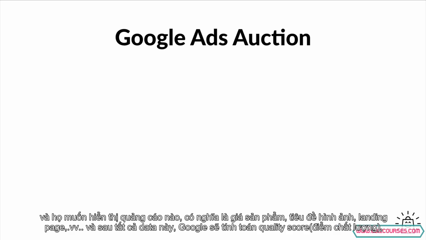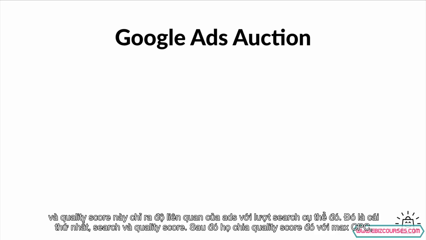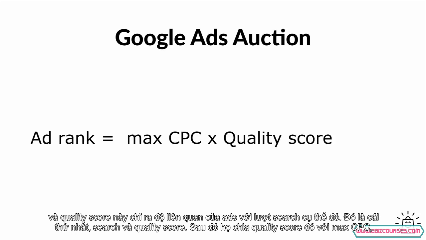That means which price the product has, which title, the image, description, the landing page, reviews, etc. From all of this data, Google calculates a quality score. This quality score indicates how relevant Google thinks your product ad is for a specific search query. So that's one part, the quality score.